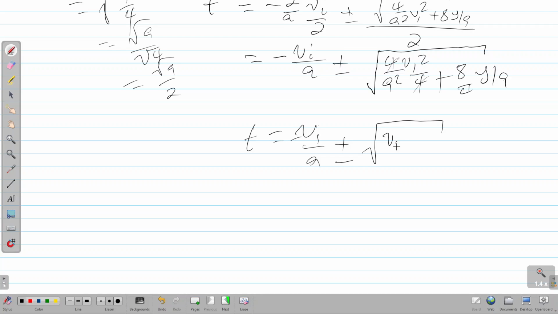We have v initial squared over a squared plus, you can see that the 8 over 4 becomes 2, plus 2 times y over a. Okay.